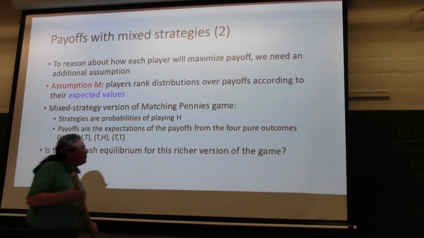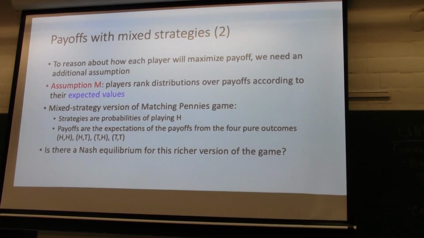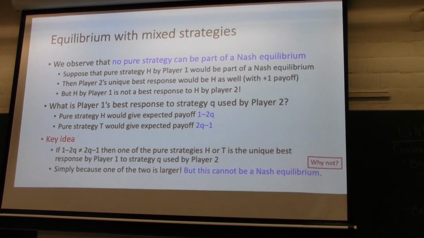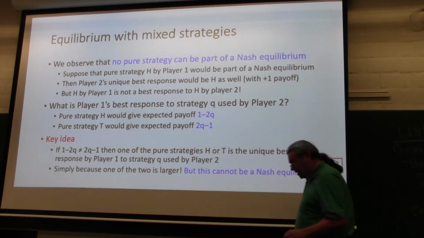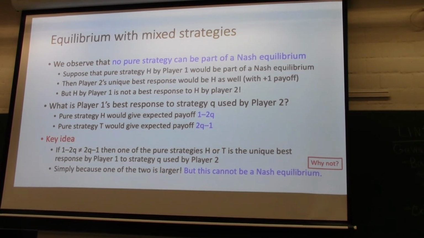Is there a Nash equilibrium now for this version of the game? Actually, no pure strategy. Both sides have to be mixed. No pure strategy can be part of a Nash equilibrium.